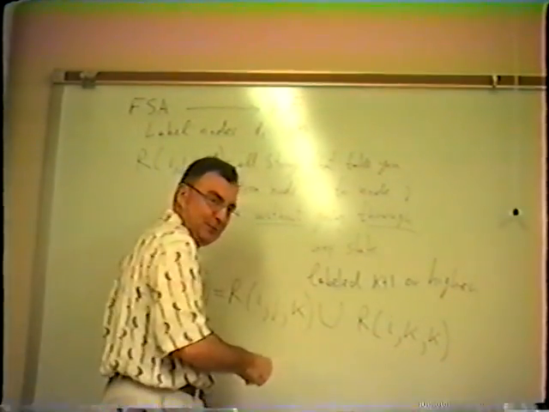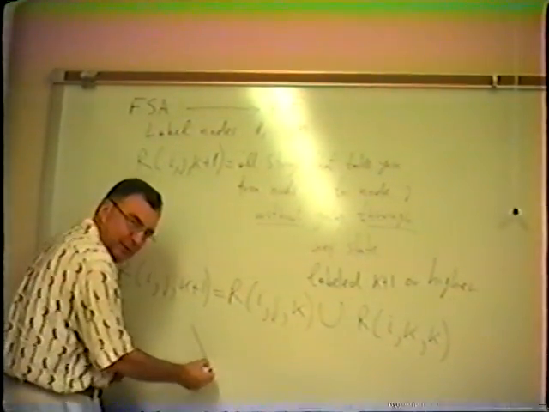Right, but I'm not done yet. To cross through k, you have to get to k first.